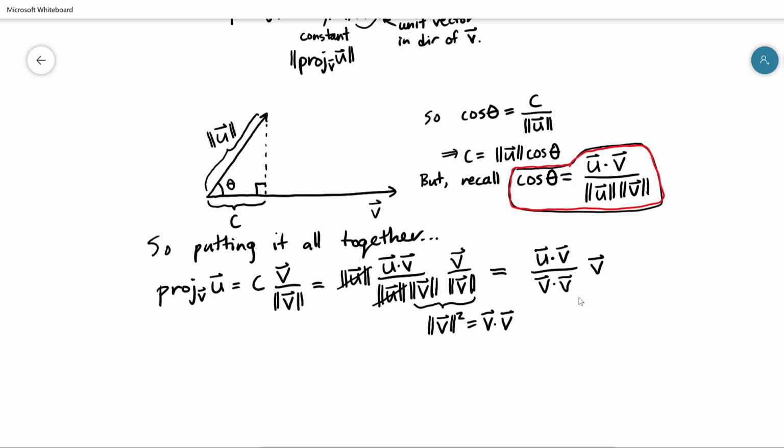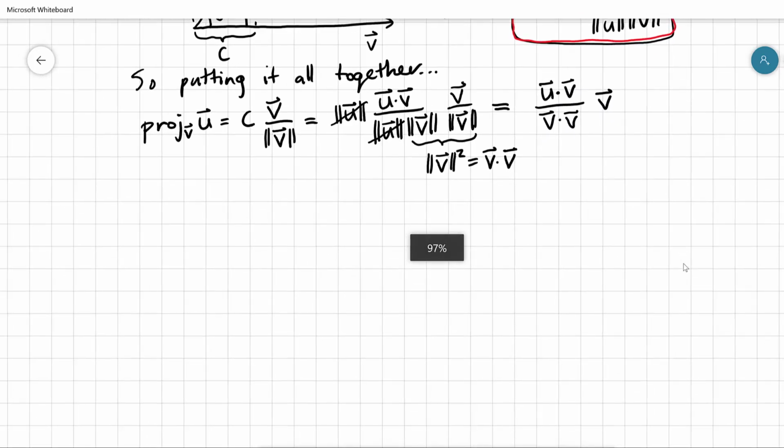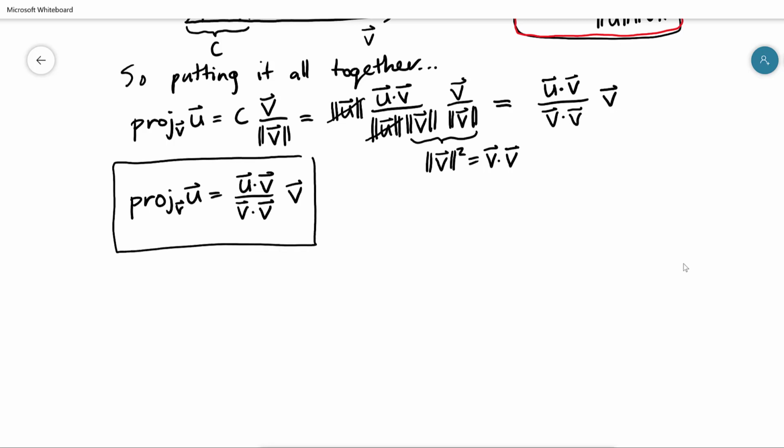This will be a scalar, this will be another scalar, this whole thing will just be some big scalar times the vector v. And this is how we will define the projection of u onto v, putting all those different pieces together. So let me write it in one place so I can circle it and highlight it. Projection of u onto v is u dotted with v over v dotted with itself times v. That's what we need.